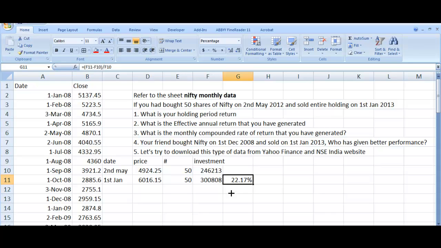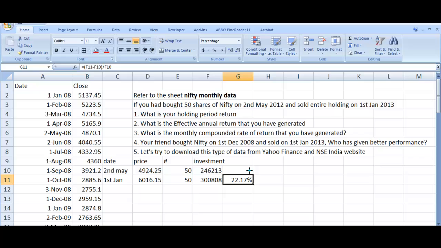You have to convert this from an 8-month period to an annual period, so that you will be able to compare apples with apples. You would want to convert this return to an annual return. That would be a much better thing to do.